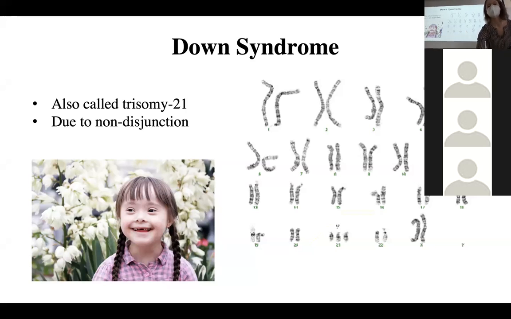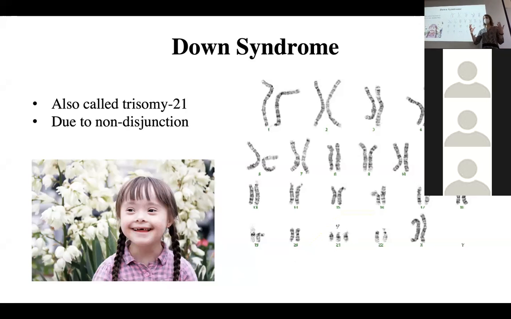So remember, each of these sets of chromosomes, one of them comes from your mom, one of them comes from your dad. So you should only have 2. Here at chromosome number 21, for some reason, non-disjunction occurred. And it occurs at chromosome 21 in Down syndrome every time, obviously, if the individual has Down syndrome.